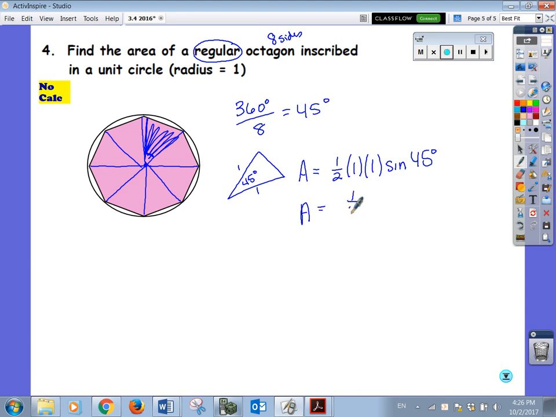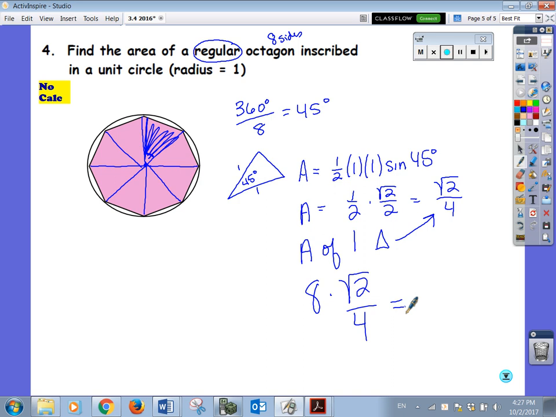So A equals 1/2 times sine of 45, root 2 over 2, which is equal to root 2 over 4. So that's the area of one triangle. But we have 8 triangles, so 8 times root 2 over 4. 8 divided by 4 is 2. 2 root 2 is our area.